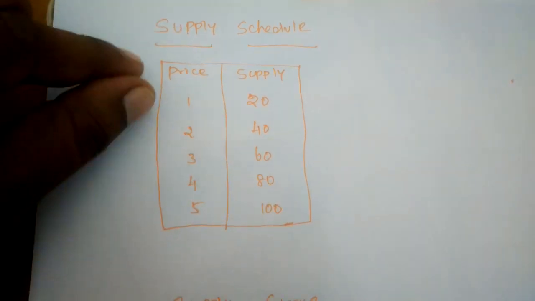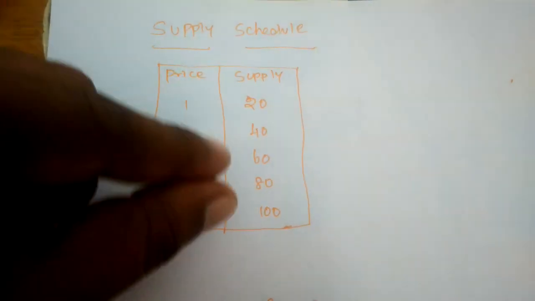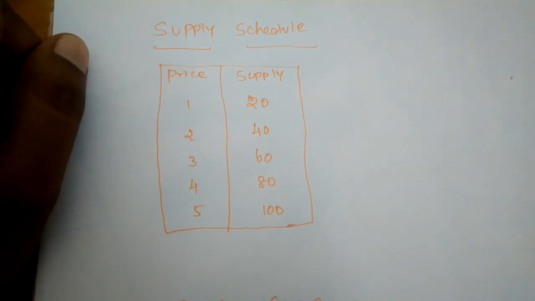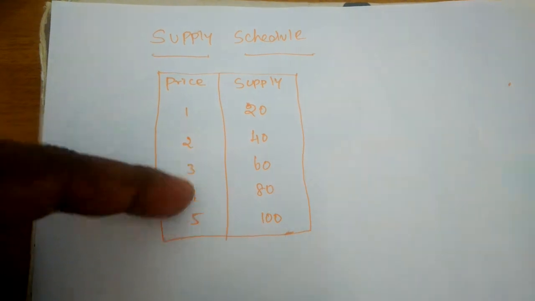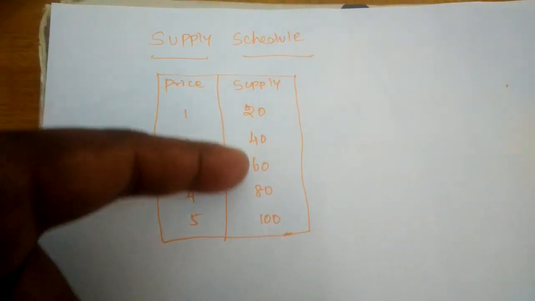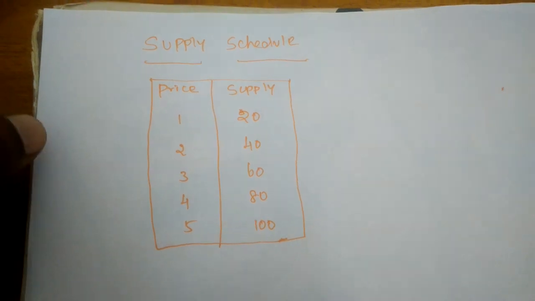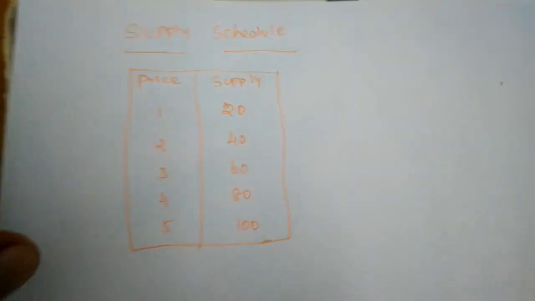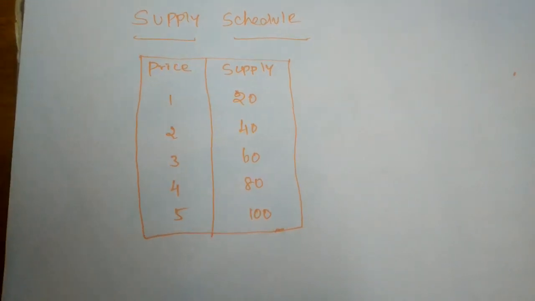So by using more factors of production, by using more capital, he will increase the supply of commodities. So there is a positive relationship. Whenever the price is increasing, the supply of the commodities is also going to increase.